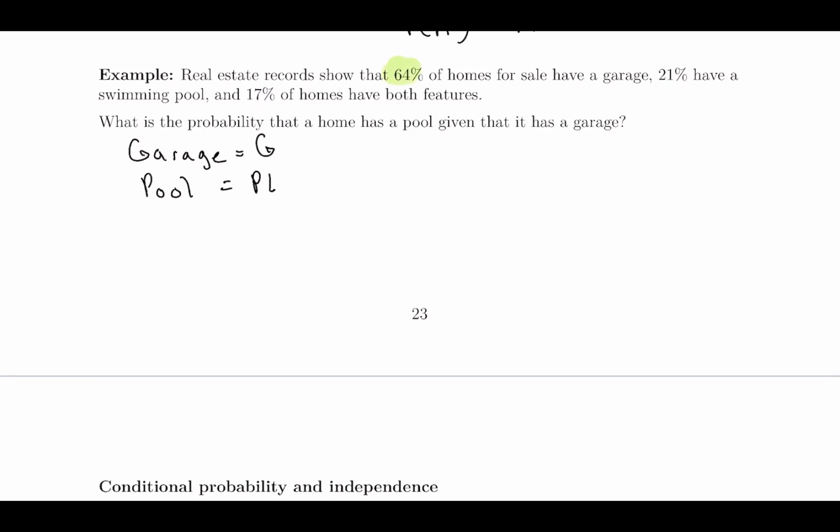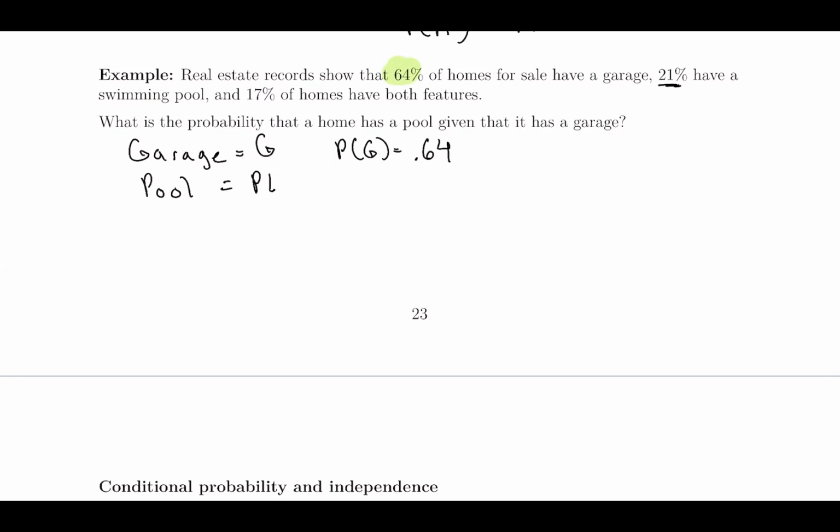What is the 64% for? Is that the probability they have a garage, the probability they have a pool, or the probability that they have both? Garage. So we say the probability they have a garage is equal to 0.64. All right, what about the 21%?